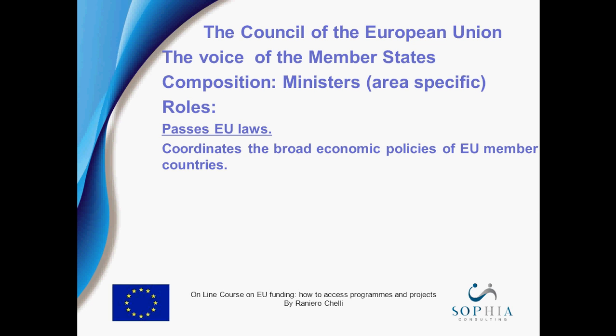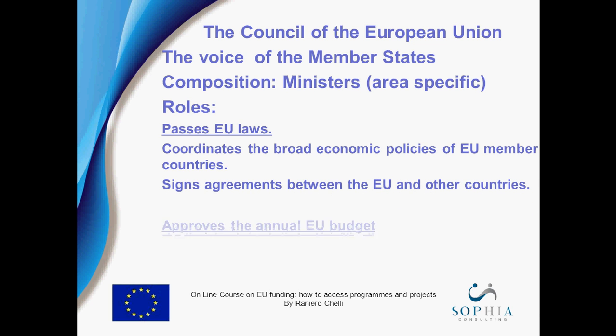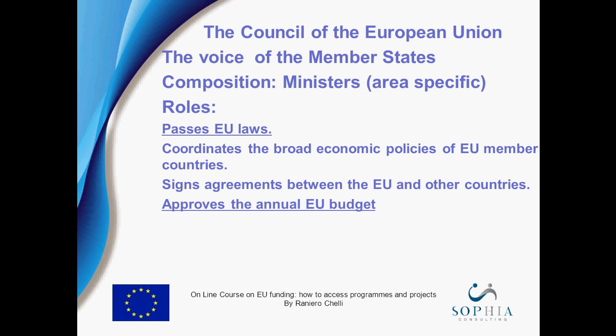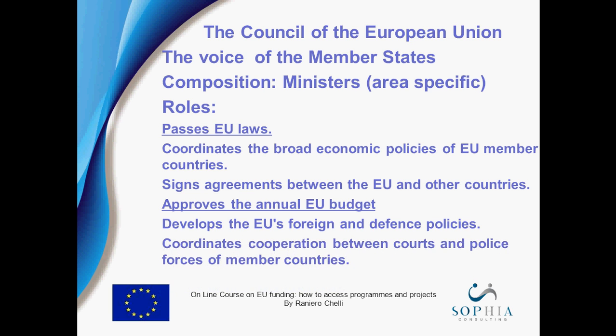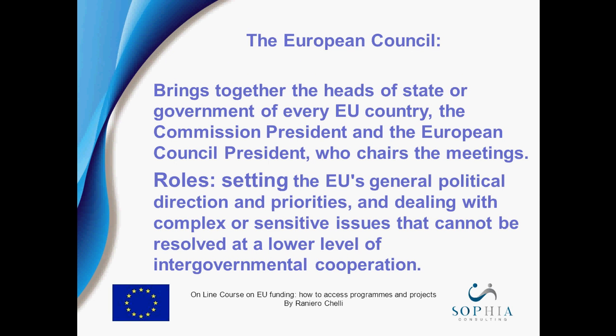It has to coordinate broad economic policies of member states. It signs agreements between the European Union and other countries. It approves the annual EU budget together with the Parliament, but the final say is for the Council. And it develops the foreign and defense policies, and it has also to say its word on juridical matters.